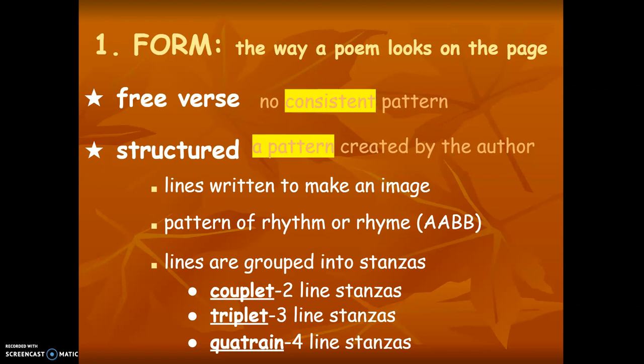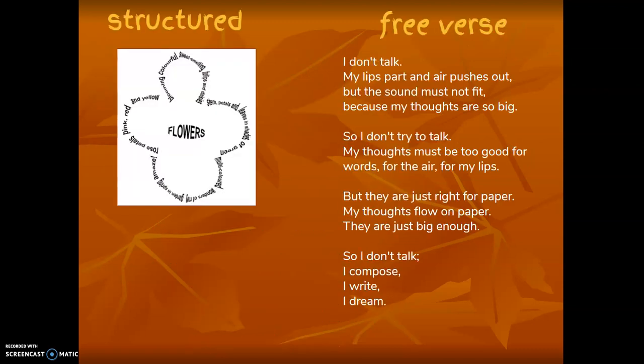So if we ever see poems set up that way, I'm going to ask you, well, what kind of pattern does this stanza have? I would expect you to say, well, it's written in couplets or triplets or quatrains, depending on the number of lines. Now, if it's written anything more than that, you would just say, well, I've noticed that all of the stanzas have 5 lines in them. We're not going to go above 4 lines in our terminology.